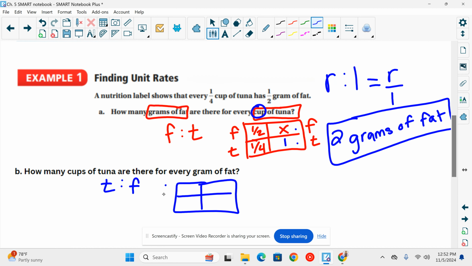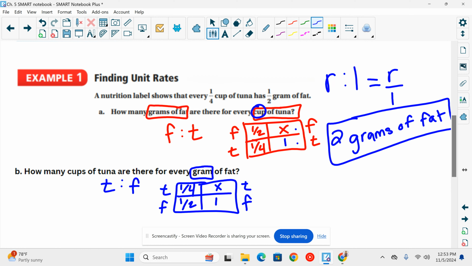Okay, so I've got tuna to fat, tuna to fat. So I have 1/4 cup of tuna for every 1/2 gram of fat. I don't know how many tunas, but it's for every gram, singular being 1.